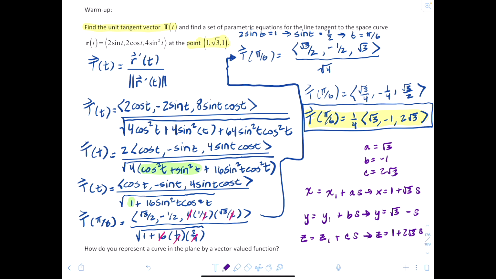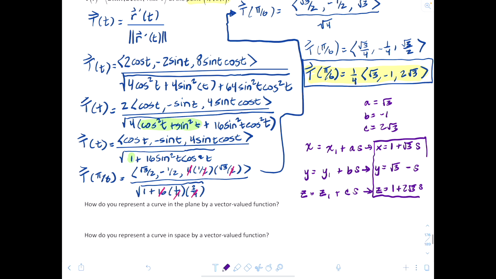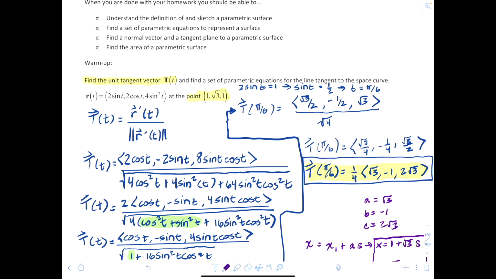Groovy? All right, so that's the result for the second part of the problem, finding a set of parametric equations for the line tangent to the space curve at the point.